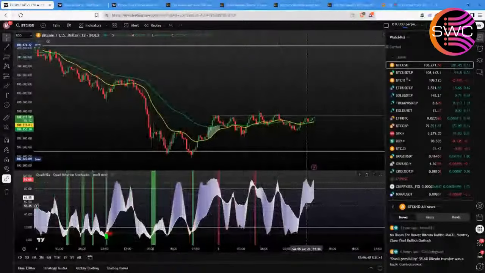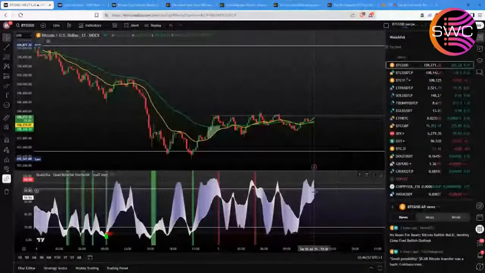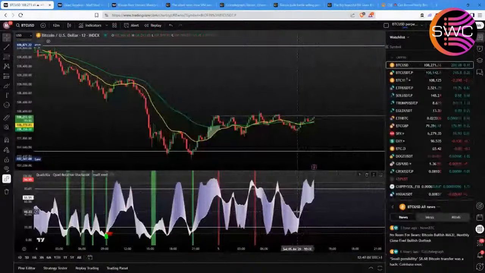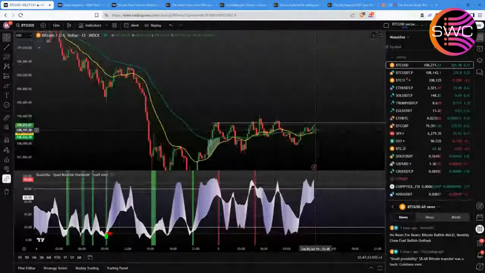Momentum's working its way up at the moment. It's not showing signs of stalling, is it? I don't think so, even from that whole run. And that's crossed over.